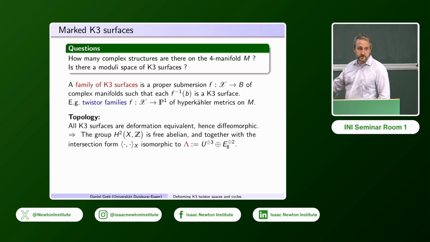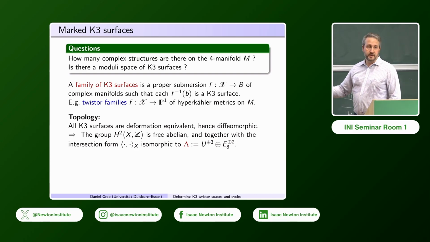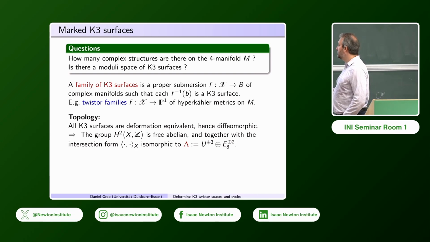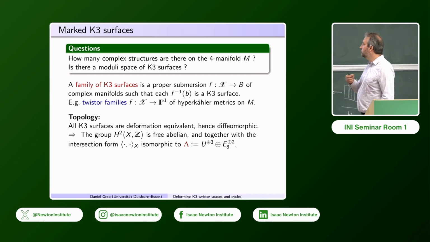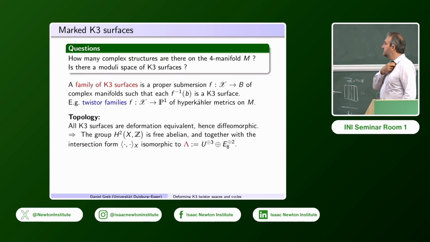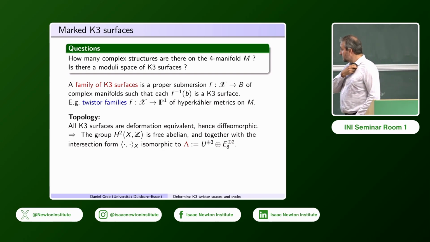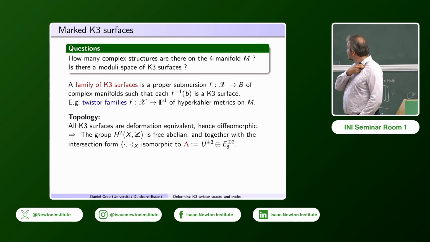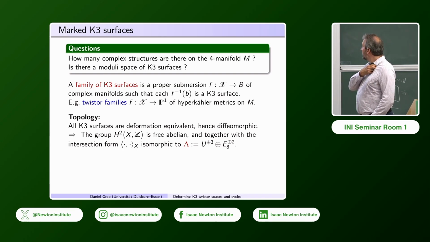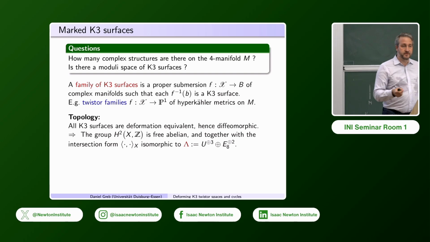So the differential topology is fixed, and you're really only varying the complex structure that you put on the same thing. This also means you can compute the topological invariants, and very important is H2, which is a free abelian group of rank 22.